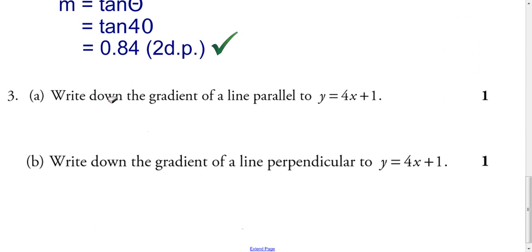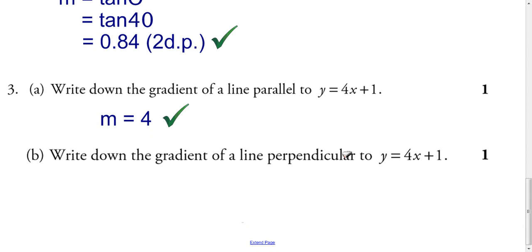Okay, nearly finished. 3a, write down the gradient of a line parallel to y = 4x + 1 for a mark. The gradient of this line is 4, so the gradient of a line parallel to that would also be 4. And finally, write down the gradient of a line perpendicular to y = 4x + 1.